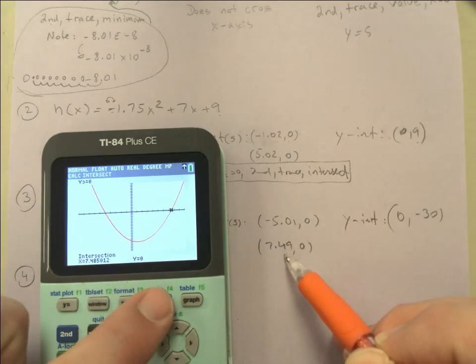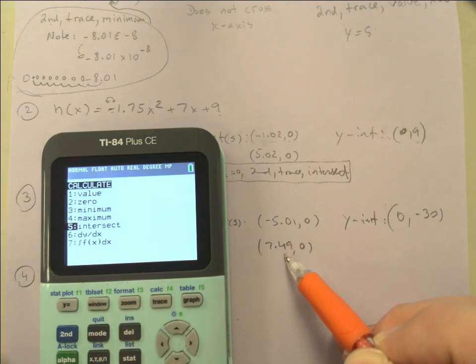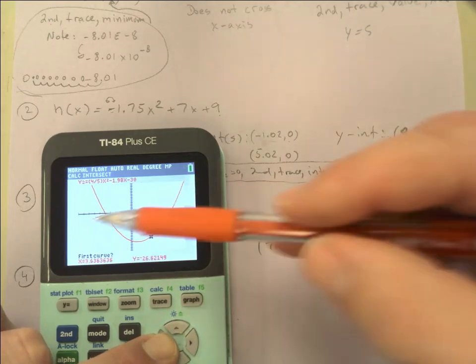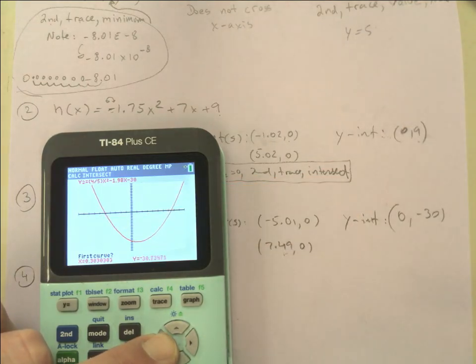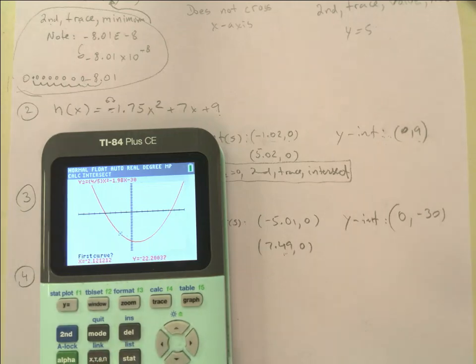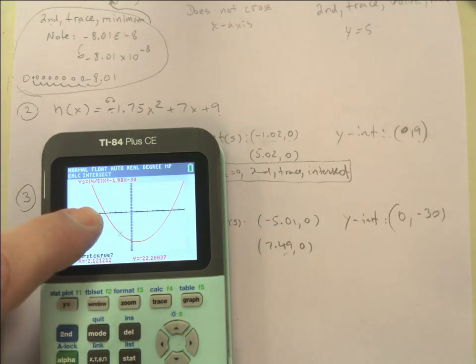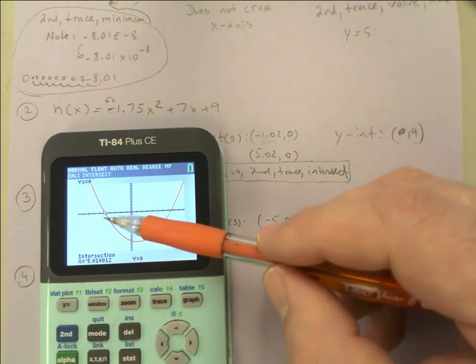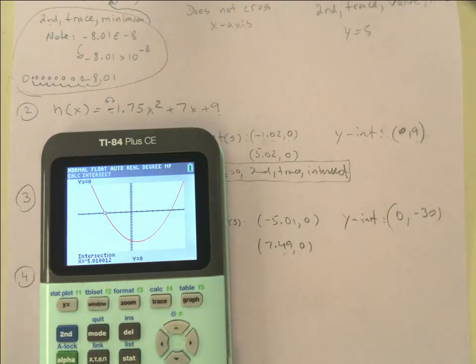If you want to now find the other one, you go second trace intersect again. Now you need to travel, I'm going left arrow, to that other one. This is close enough. Right now you're closer to this one, so if you hit enter 3 times, it's going to lock into the one that it's closest to. Right? So intersection there, those are my x-intercepts.